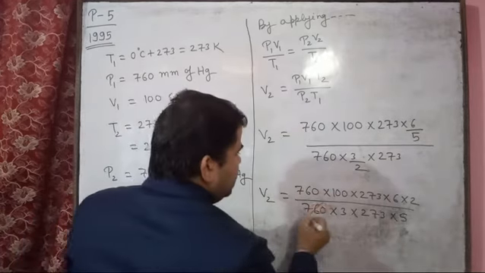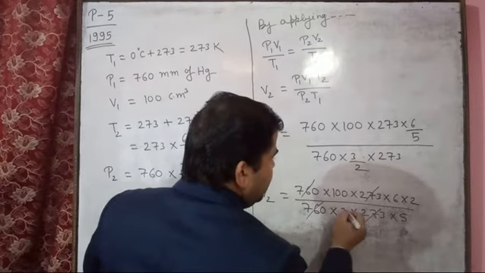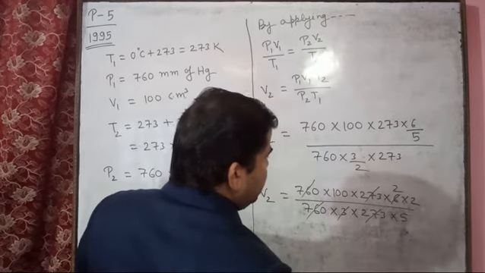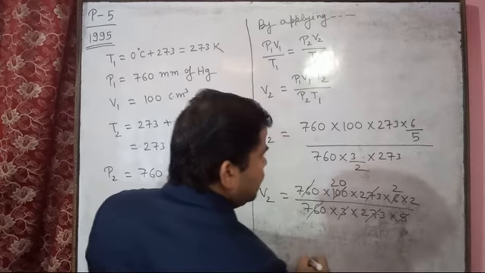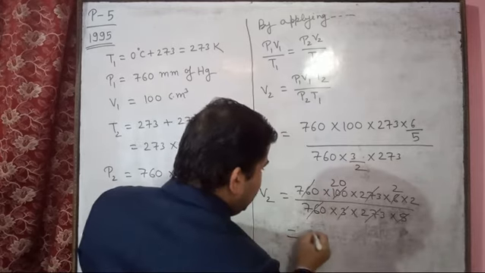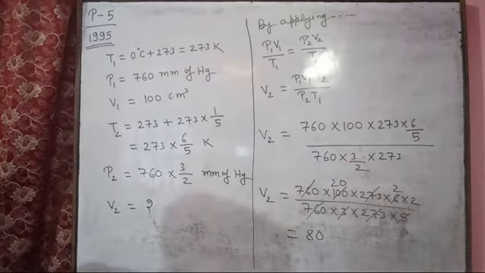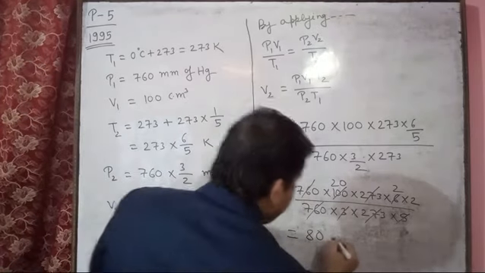This cancels, and after this we will get 80. So here 80, volume given in centimeter cube.